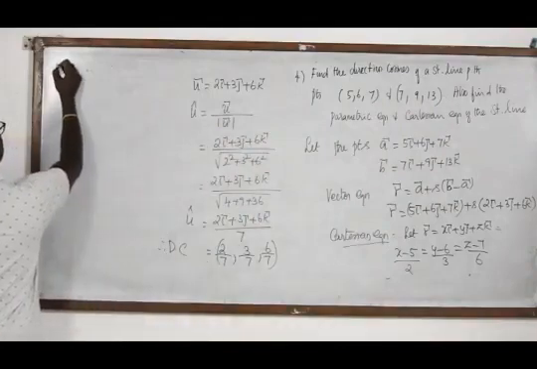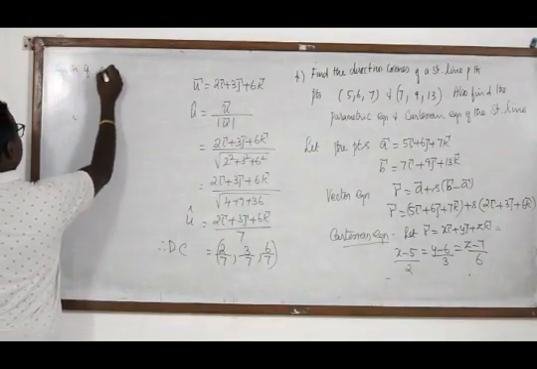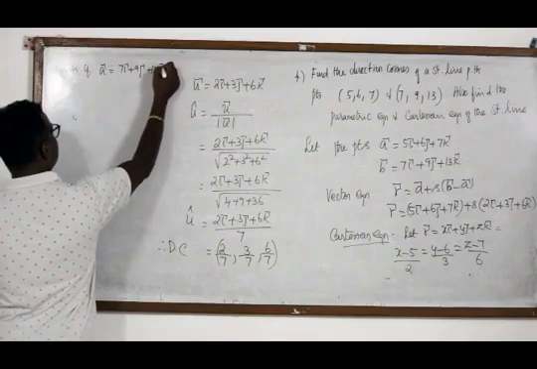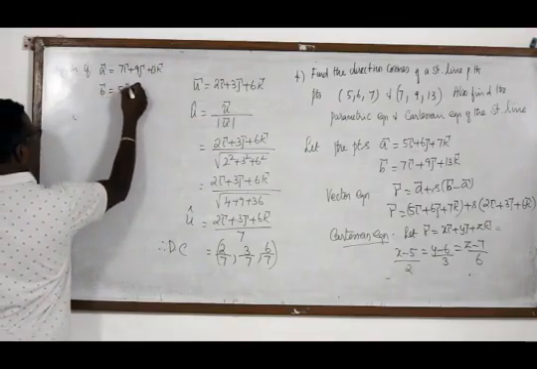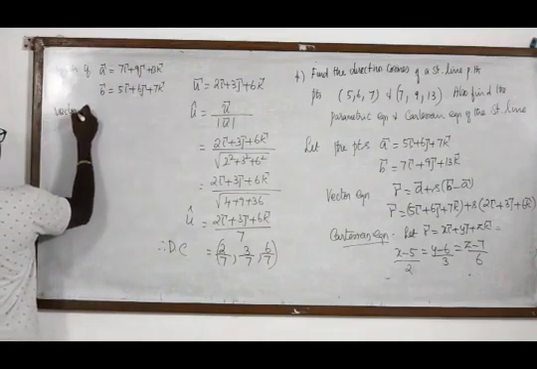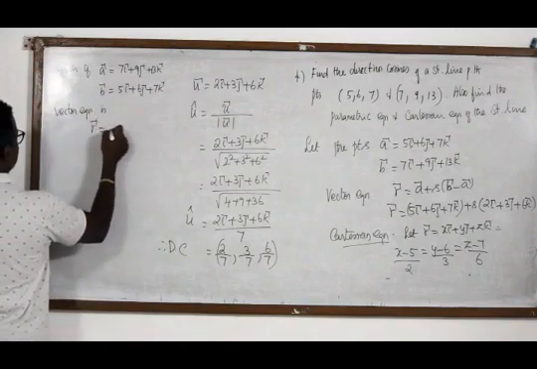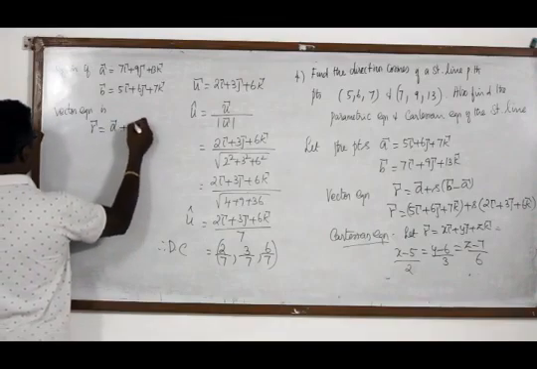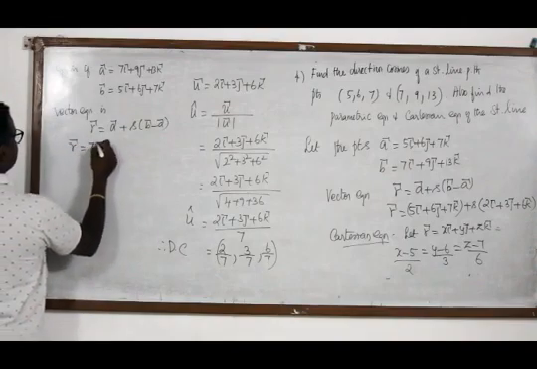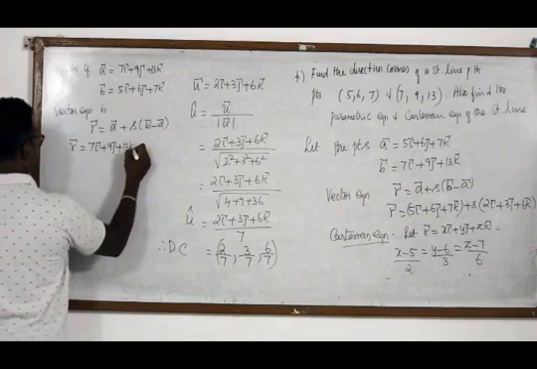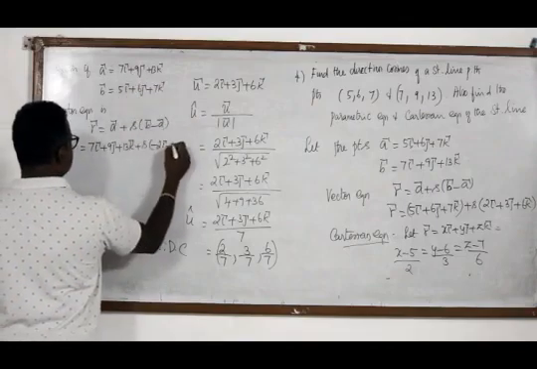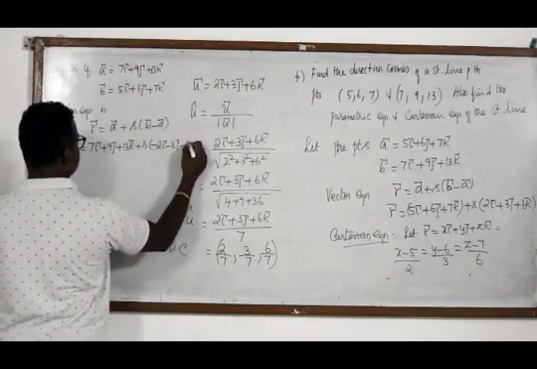Then if A vector equal to 7i plus 9j plus 13k and B vector as 5i plus 6j plus 7k, then the vector equation is R vector equal to A vector plus S into B minus A. Then R vector equals 7i plus 9j plus 13k plus S into B minus A, which is minus 2i, 6 minus 9 is minus 3j, 7 minus 13 is minus 6k.